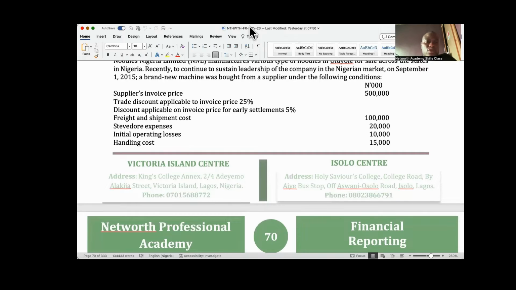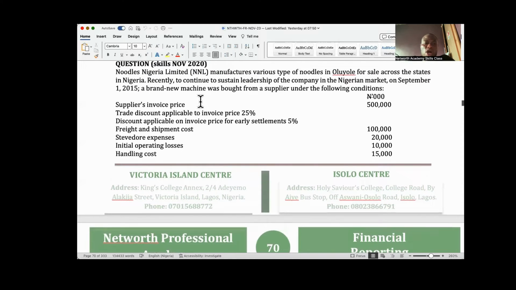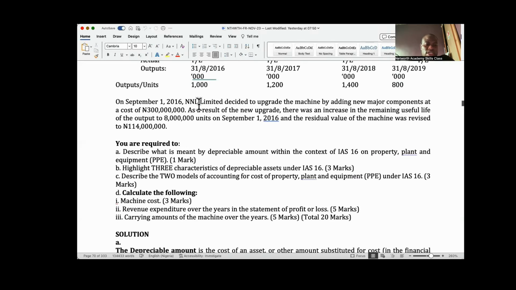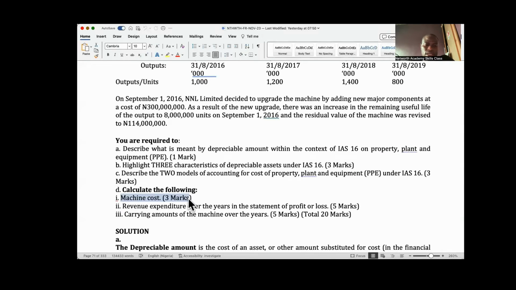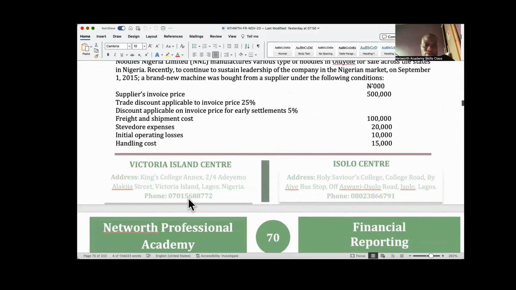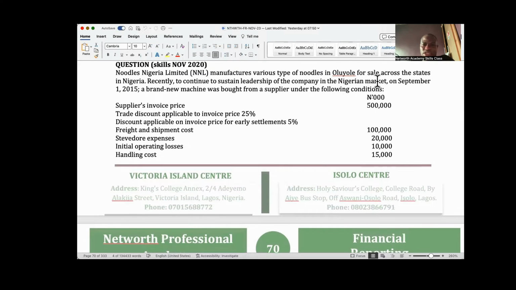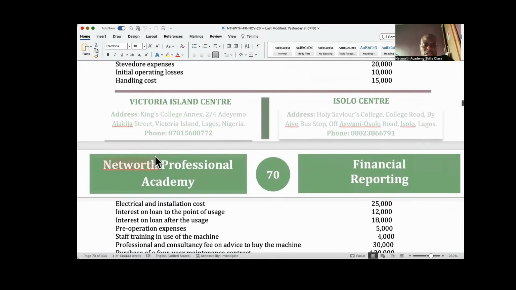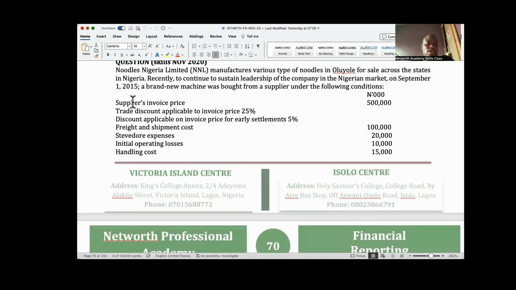I've been talking for the past 1 hour with 0 participation from you guys. So let's have a little participation now. I'll be looking at these items one by one because they said they purchased the assets and these were the information given. So let's see which of these items will be recognized as a machine cost, and which of them will not.